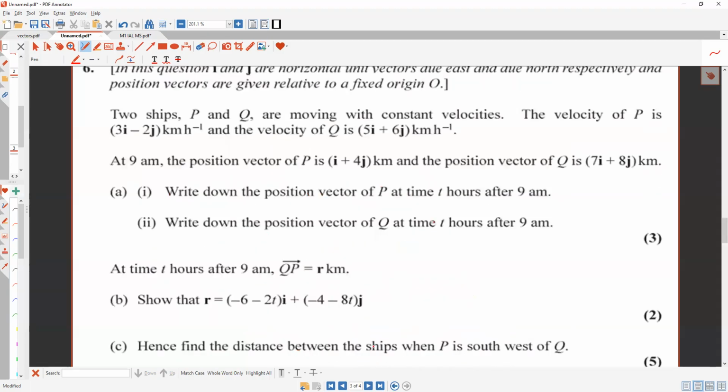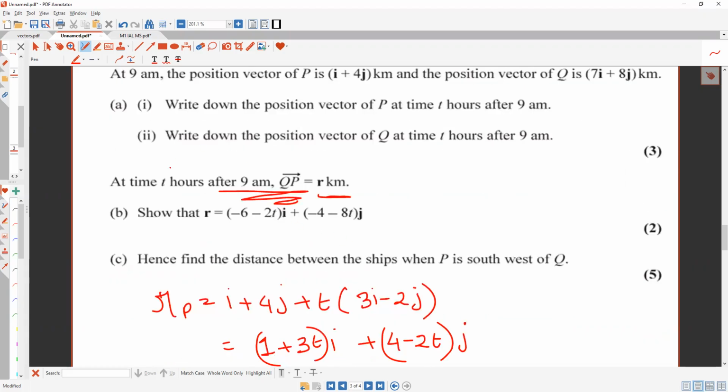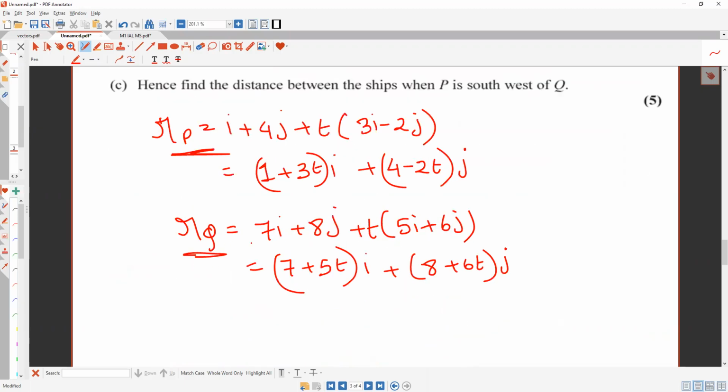Now part B. What they said, at time t after 9 a.m., QP is r kilometers. Just now we did this. Q to P, if you want to go, you have to do P minus Q. They want you to find r. So r is going to be your P value minus the Q value that I gave just now.